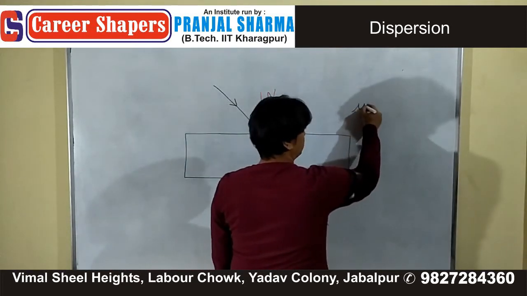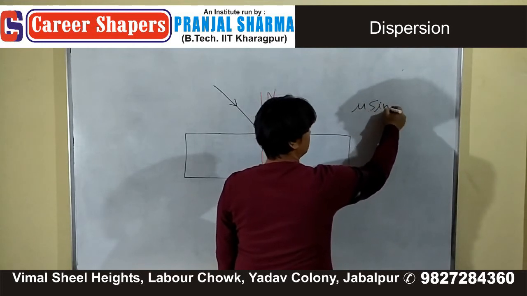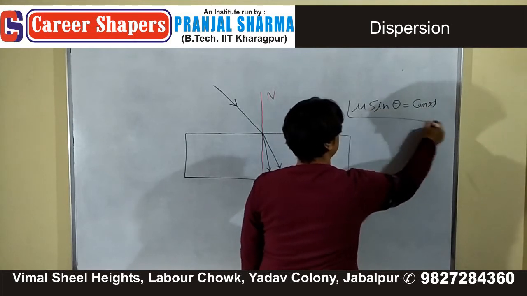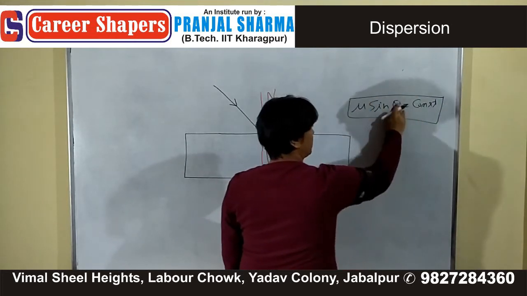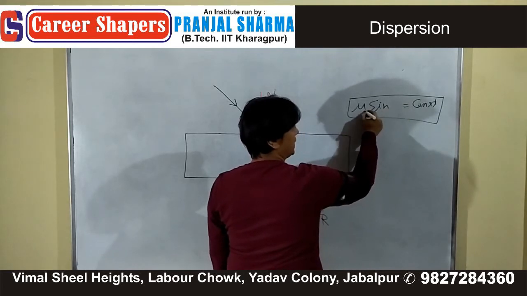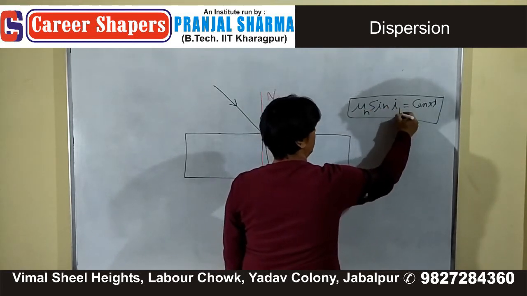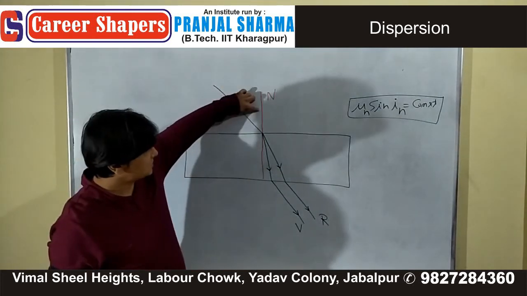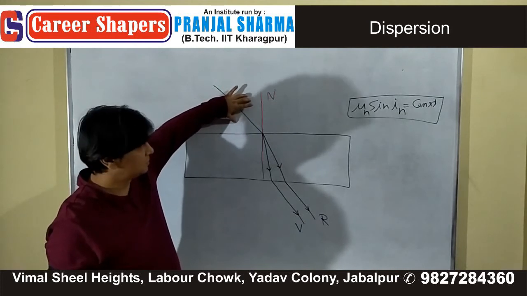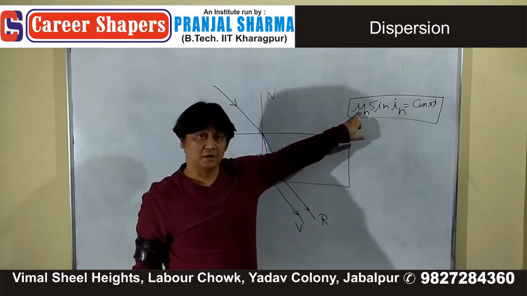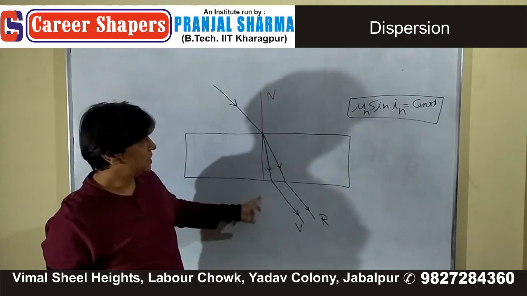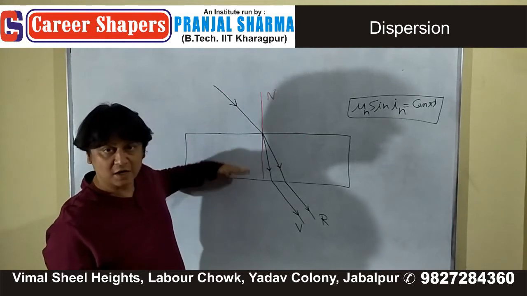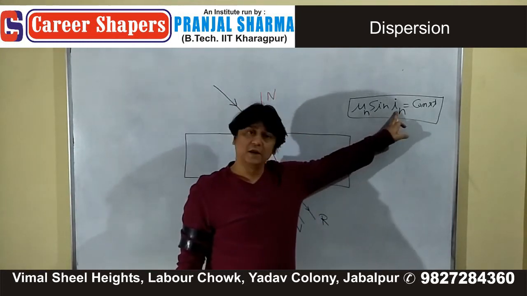If you remember this format, mu sine theta was constant, or you can remember it as mu sine i, constant. So this medium is air, and this medium is air.